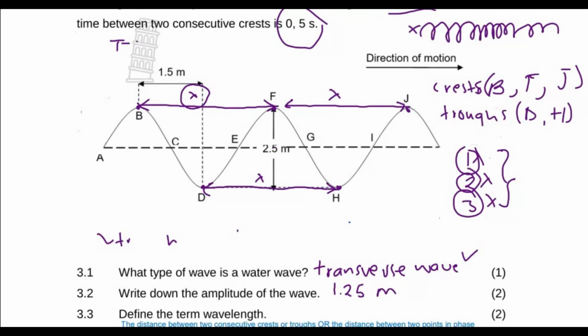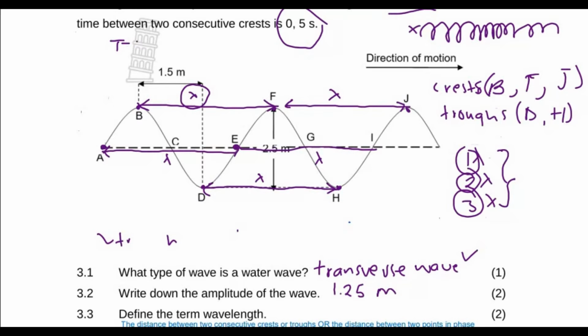So let's see, point A and point C. If you look at the distance between point A and C, you can agree, even if you took a ruler, that distance is also equal to the distance between B and F. So it means the distance there is also a wavelength. Also between E and I, that distance is also a wavelength.